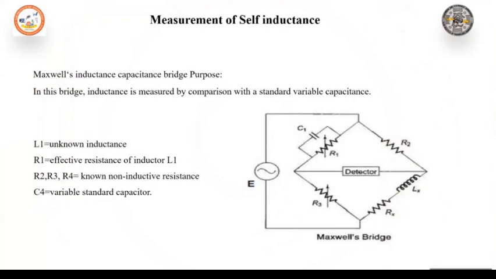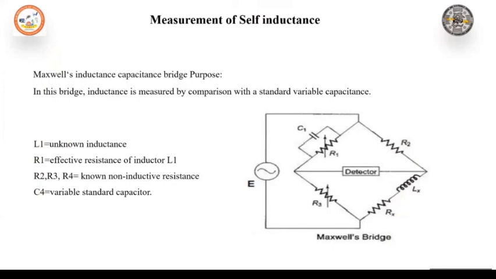Here, Maxwell's bridge can be used to measure inductance by comparison either with a variable standard self-inductance or with a standard variable capacitance. These two measurements can be done using Maxwell's bridge in two different forms. The first one is Maxwell's inductance bridge.